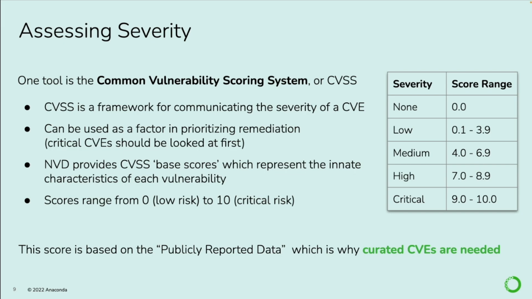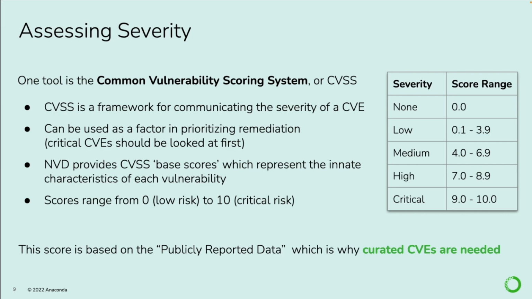Now the NVD provides these CVSS scores as base scores, which represent the innate characteristics of each vulnerability, meaning it's not customized to your pipeline. They can't tell you if you are using the vulnerable package or the vulnerable feature of the vulnerable package or anything like that.